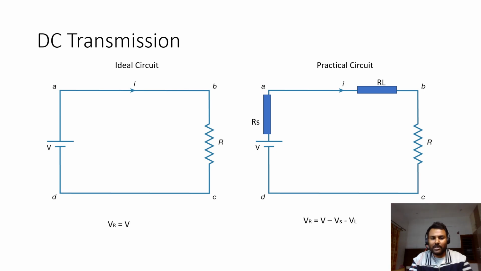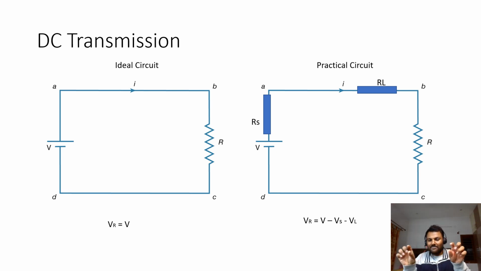So you can see the formula at the resistor R. In an ideal circuit we get the same voltage as input, but at the resistor R in the practical circuit we get VR, where VR is equal to V minus Vs minus VL. Vs is the voltage drop across the source resistance, and VL is the voltage drop across the line resistance.